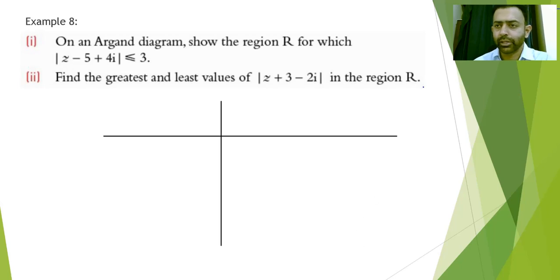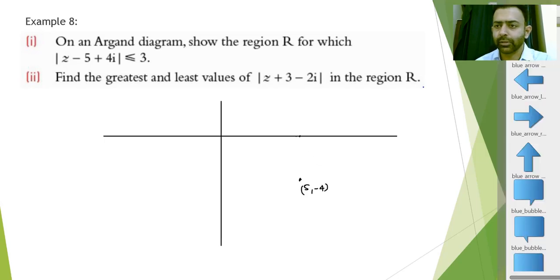Okay, let me mark this. This is 5 and this is 4. So this is 5 and minus 4, right? And let me take a circle.